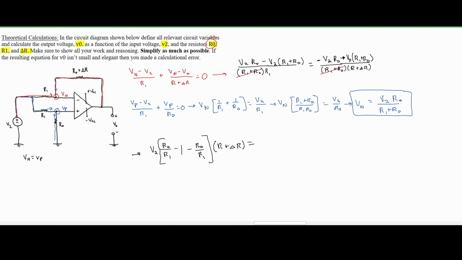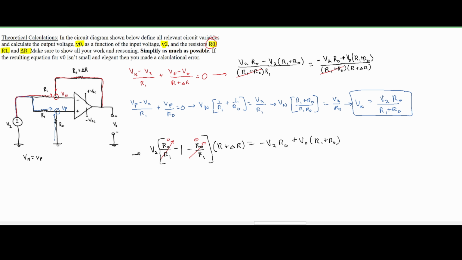And this is going to be equal to a minus V2 R0 plus the V delta, or I'm sorry, V naught R1 plus R0. And then from here, we can see that these are going to zero out with each other.